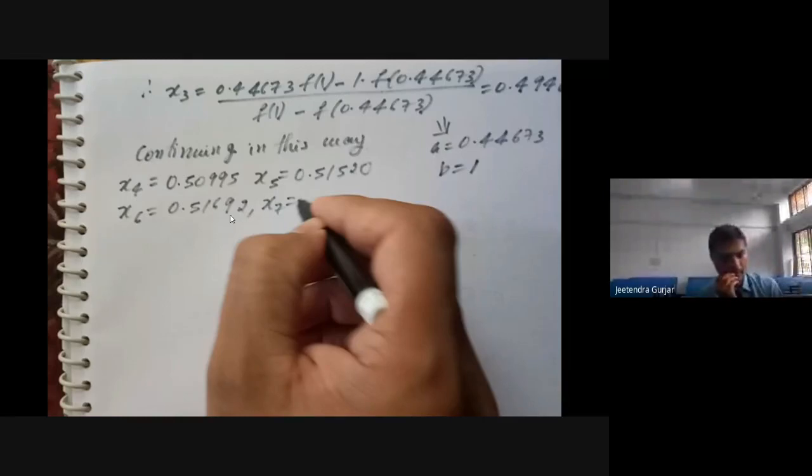Find f of A. Pushpa, your answer is not matching because I think you have taken values where one or two numbers are changed, then all the answer values will change. Okay, just try to find x7.